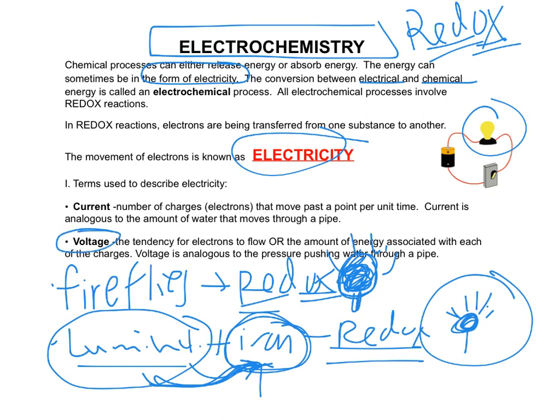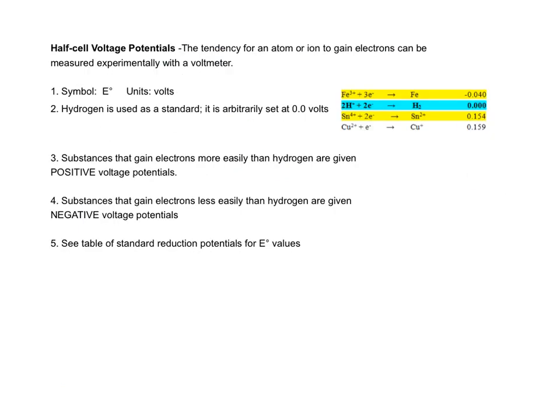You'll go a lot more with electricity in physics, but we're just going to look a little bit at this idea of flow of electrons. And the main unit we're going to be using is voltage, which is just the energy associated with this flow of charges. So every half reaction has a certain amount of energy or volts associated with it. You're going to see the symbol E naught, and the units are volts, so how much energy associated with it.